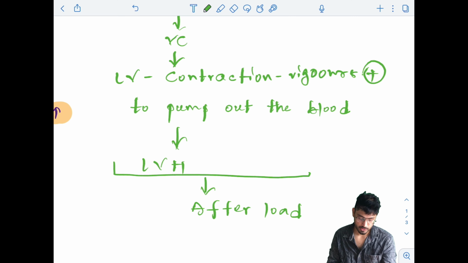Because of this, what type of load increases over the heart? That is preload. So preload will be increased. These are the factors which cause the heart to suffer.